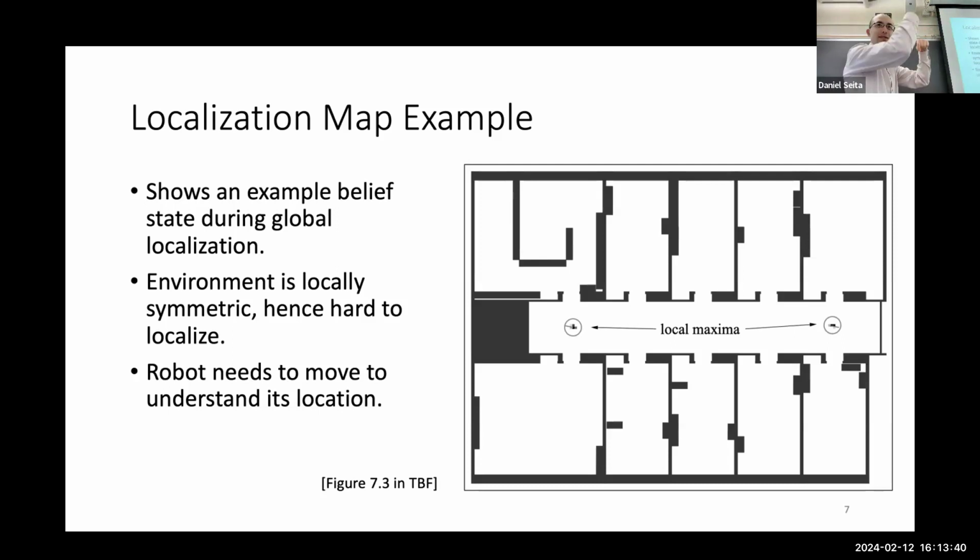The robot is facing one direction, you get one measurement, and this is a perfectly valid belief given that measurement, but this is also another valid belief. Yeah. But if the robot goes into this room, then there's something like this anywhere else, so you can break the symmetry and then learn more about where the robot is.